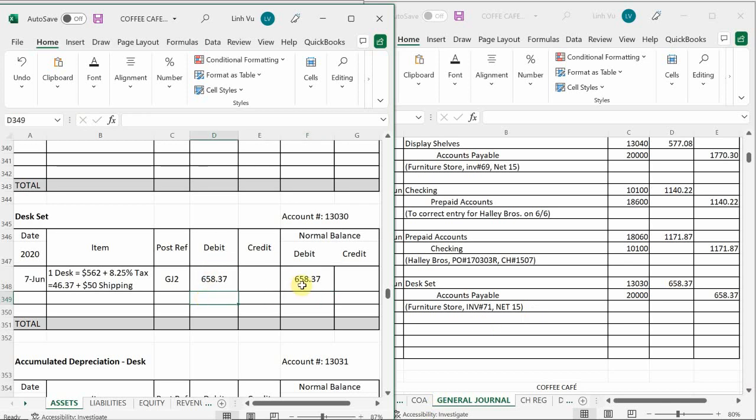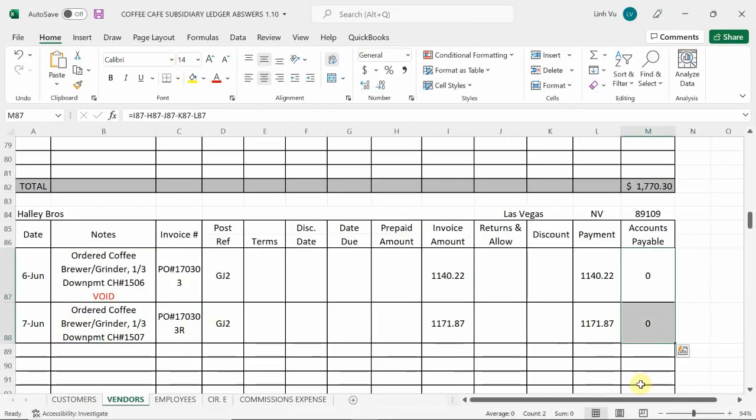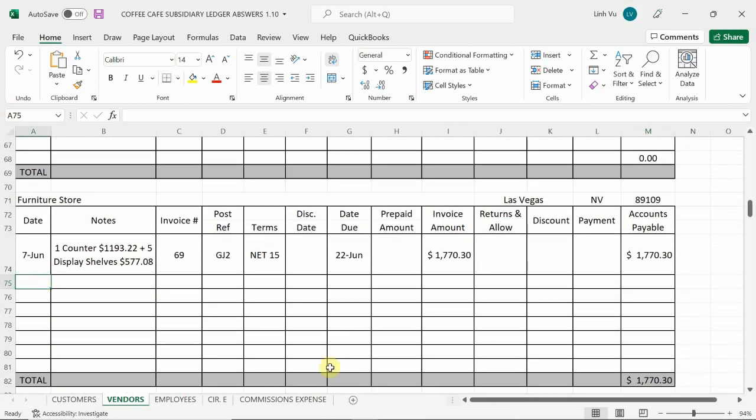Now in this case, I end up receiving another bill from Furniture Store, and I didn't make a payment, so I need to make sure that I do keep track of this bill through the subsidiary ledger. So in this case, Furniture Store's right here. It is the 7, and what I can say is I bought one desk set.